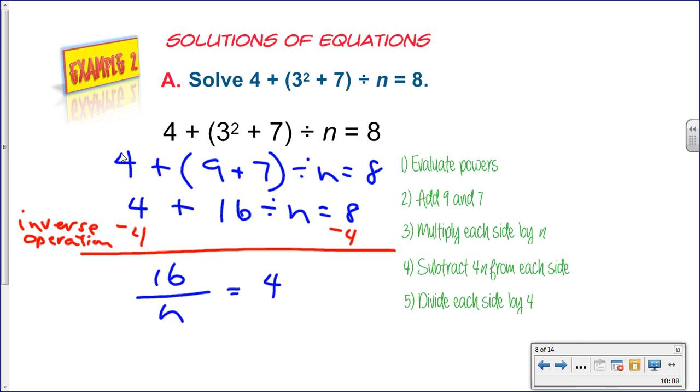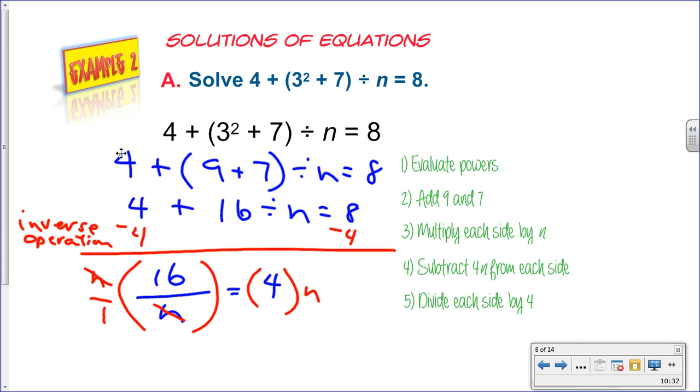So I'll multiply by n over 1. If I do something to one side, I have to do it to the other side too. What happens? The n's cancel themselves out.